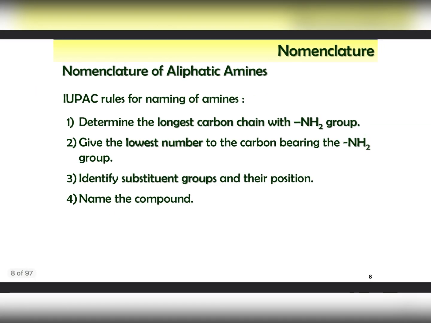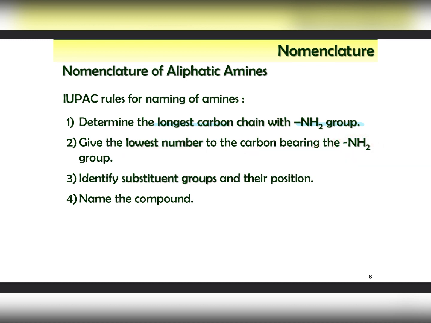So untuk IUPAC rules, first sama je, kita kena determine the longest carbon chain for NH group ataupun amino group. So always cari the longest chain that has NH ataupun amino group tu dulu, and then you akan give the lowest number to the carbon that bond to NH.